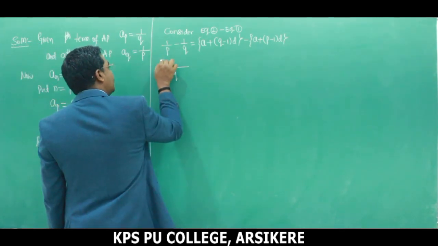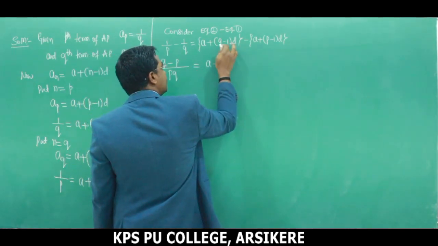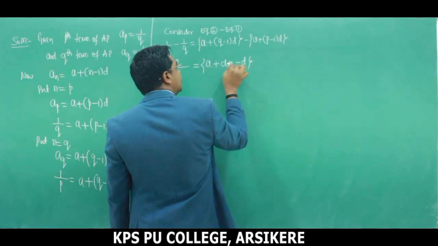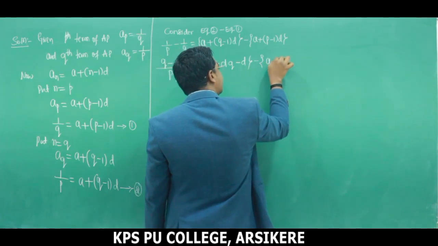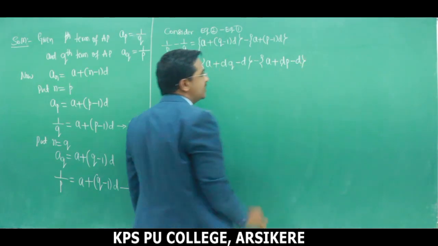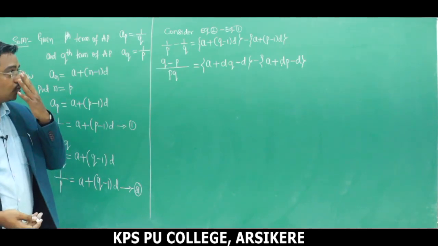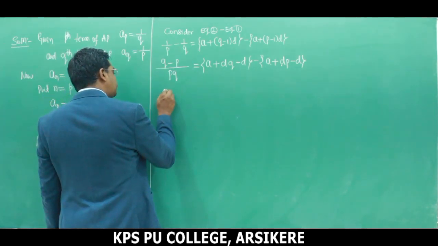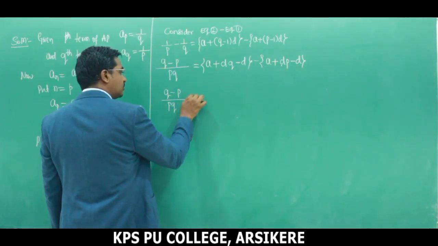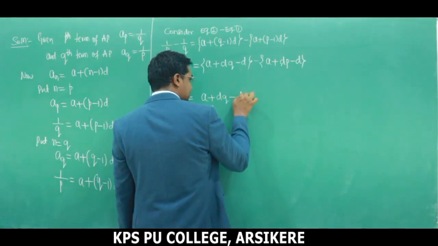So we are left with q minus p divided by PQ is equal to a plus d into q minus d, minus a plus d into p minus d.